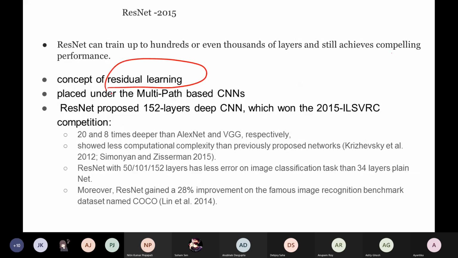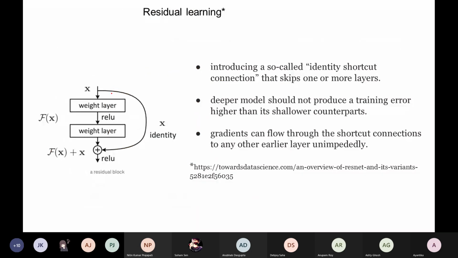I will come back to the importance of ResNet, but just to explain, the extension of the highway network concept is incorporated in ResNet, and there we term it residual learning.